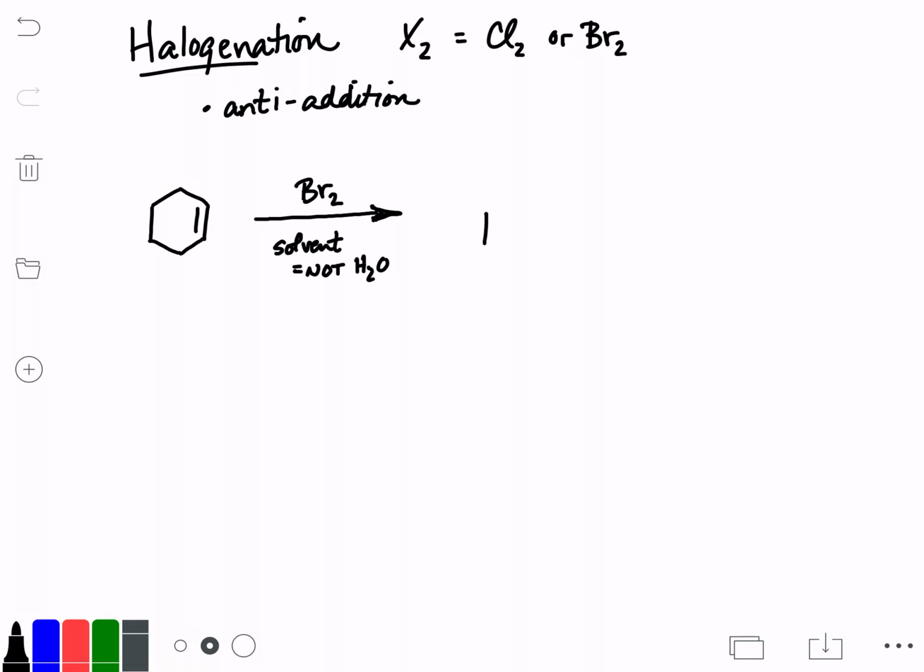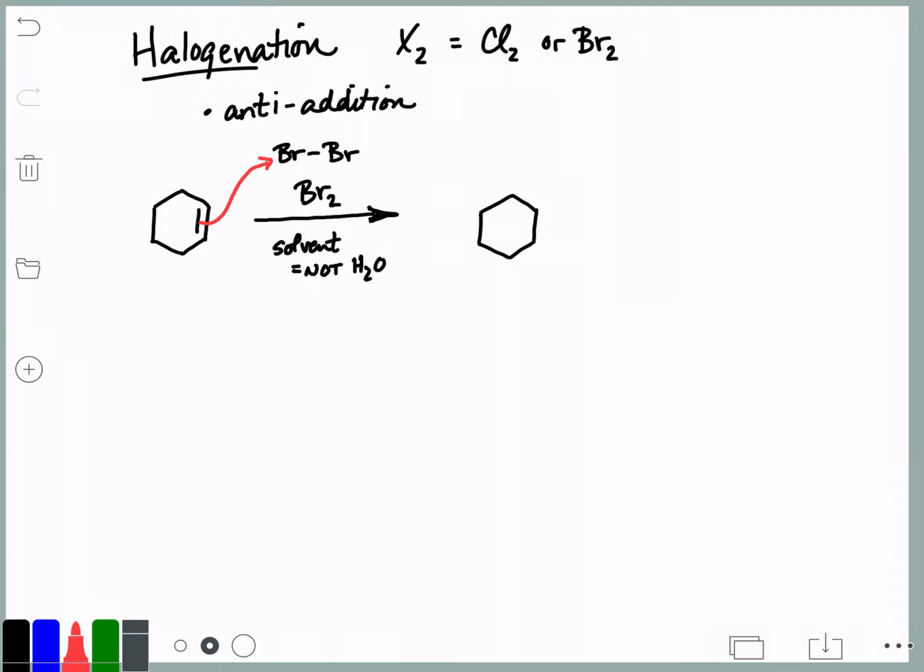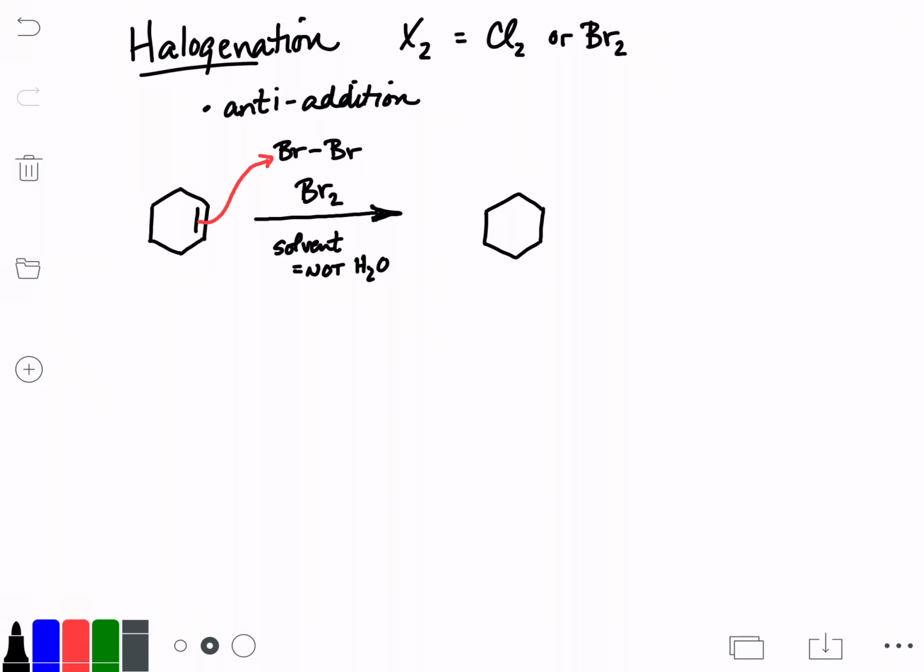The intermediate that happens here is essentially what we would have expected if we look at our earlier mechanisms and we redraw our bromine like this. We have our nucleophilic double bond that's attacking one side of this molecule, but ultimately what happens is that in contrast to what we saw earlier, the bromine atom is so large that it ends up itself rejoining back to the molecule.